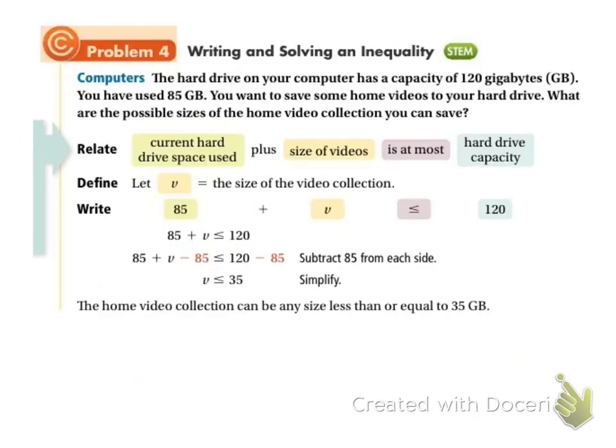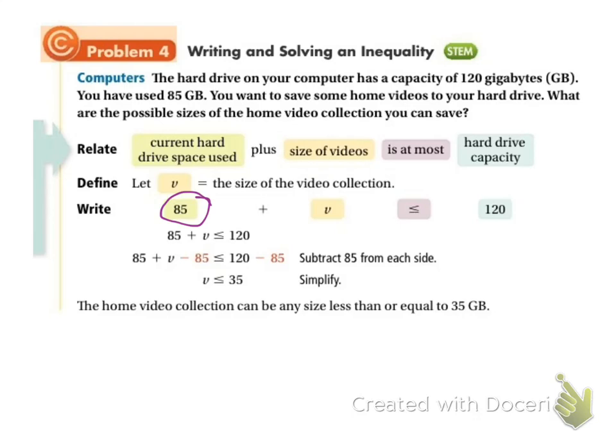Okay, writing and solving an inequality. The hard drive on your computer has a capacity of 120 gigabytes. You have used 85 gigabytes. You want to save some home videos to your hard drive. What are the possible sizes of the home video collection you can save? So, I know already I have 85.